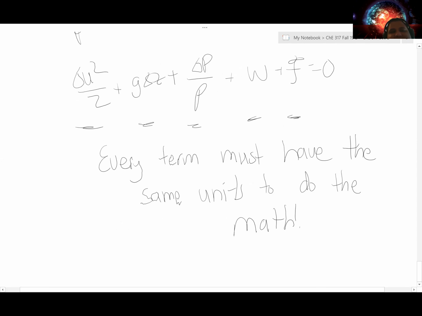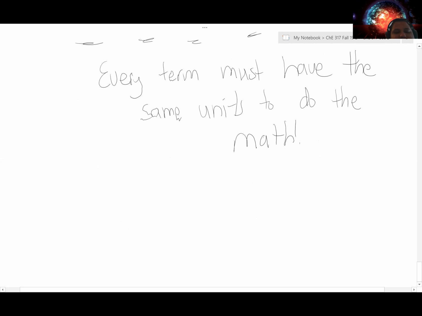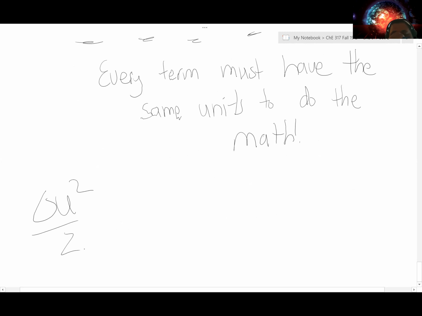So if we look at all of these terms, let's start with the first term, delta U squared over 2. You have feet squared per second squared, right? Because you have feet per second and it's all squared.